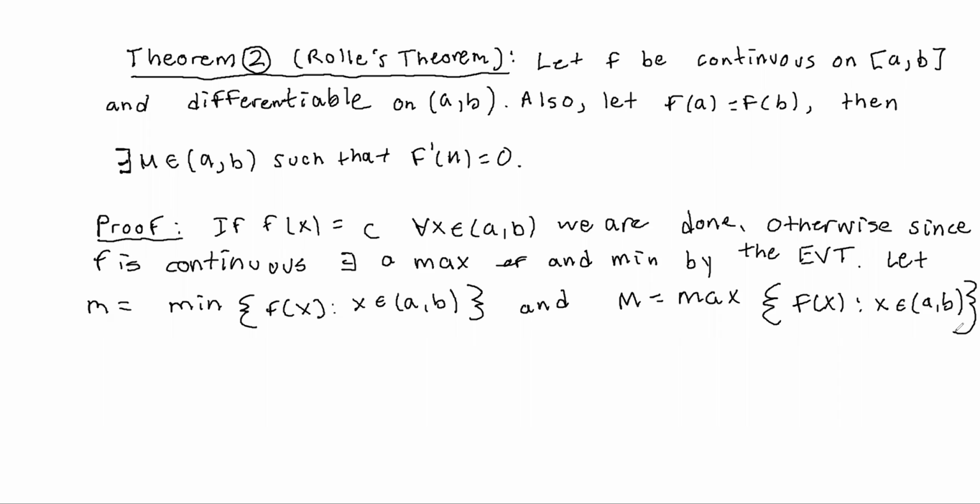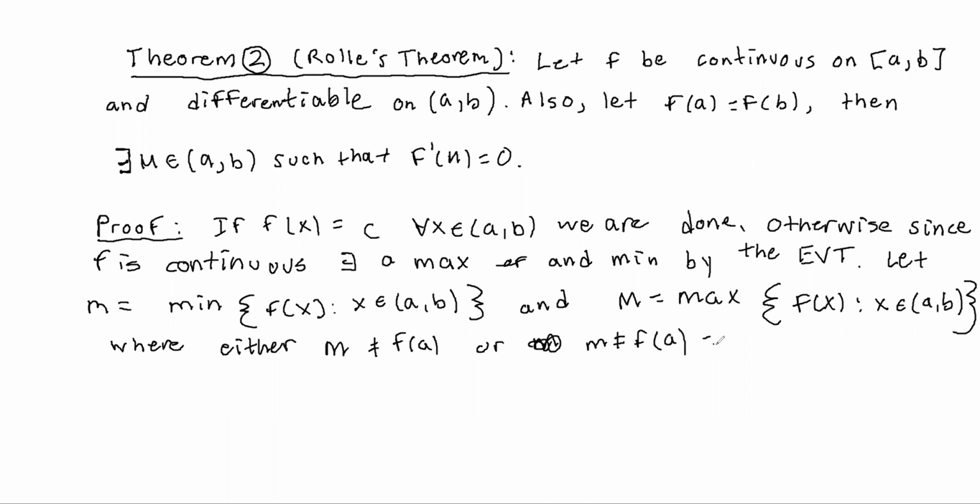So there's some element in [a, b] such that we have a max and min, where either M, capital M, does not equal f of a, or, sorry, little m does not equal f of a.